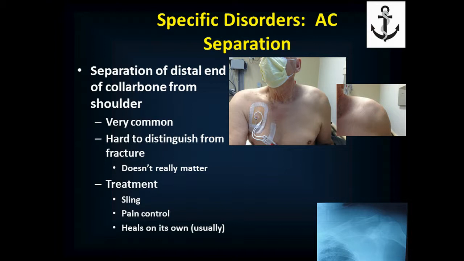As opposed to the x-ray down below, which is a mid-shaft clavicle fracture. And there the tenderness would be in the middle, and there wouldn't be so much discomfort at the end. And you can see at the very end that little gap. So as you're looking at the screen, the left is medial, the right side is lateral.